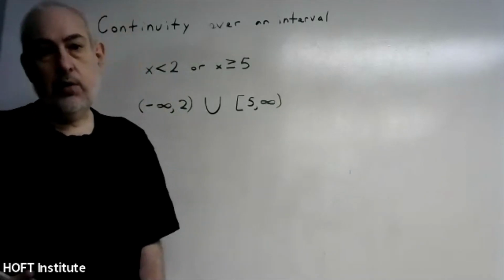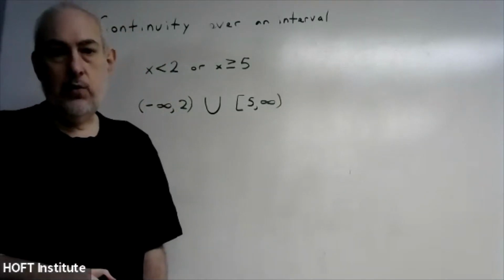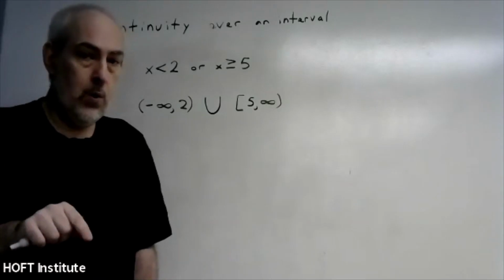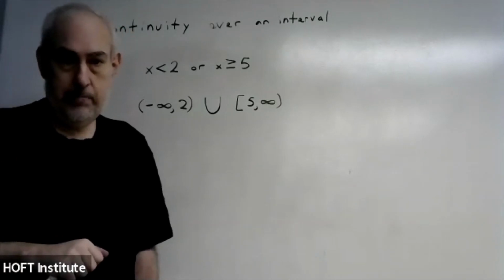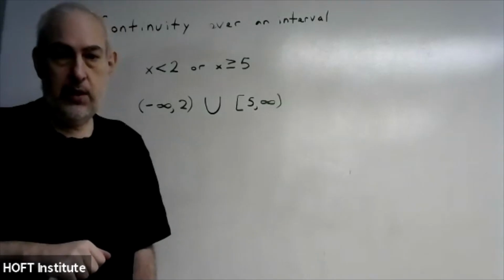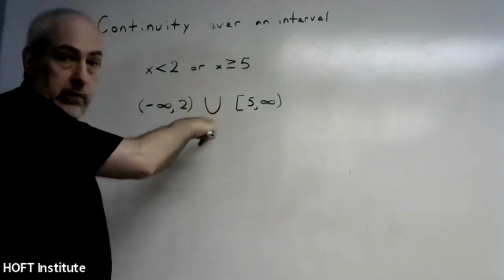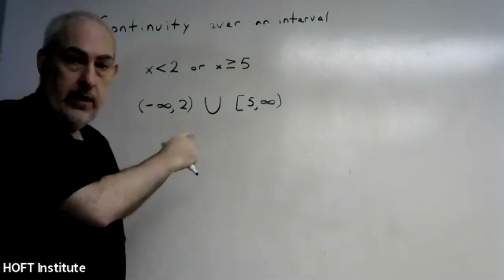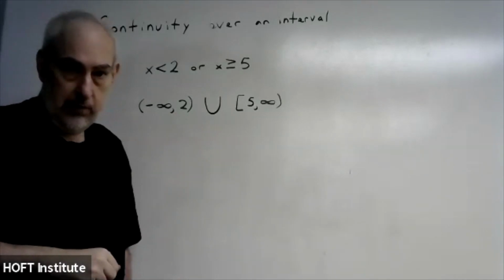And basically the union of two sets means that your final set is anything from the first set or anything from the second set. So the union functionally works like the word "or," but it's an operator that applies to sets.